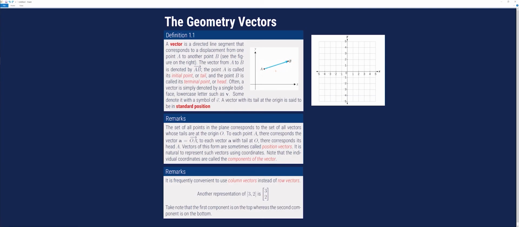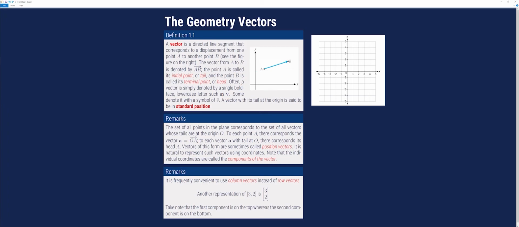The vector from A to B is denoted by this symbol. The point A is called the initial point or the tail, whereas the point B is called its terminal point or head. Oftentimes, a vector is simply denoted by a single bold-faced lowercase letter, such as this one, letter v.